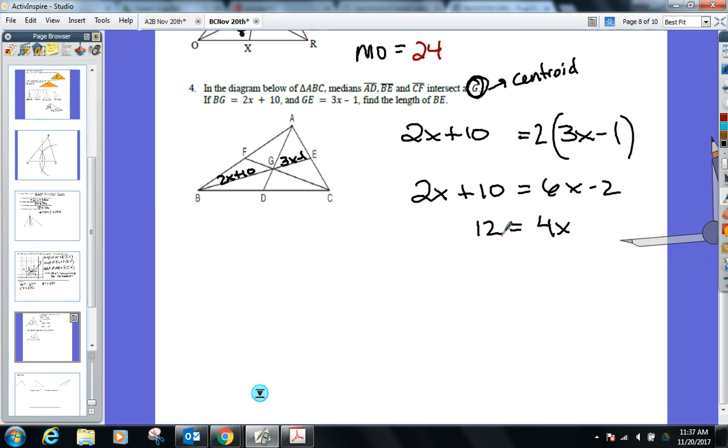We get an x equals 3 out. Solve the problem now. Find BE. I'll call on somebody here in about 30 seconds. Find the length of BE, which is the entire median.